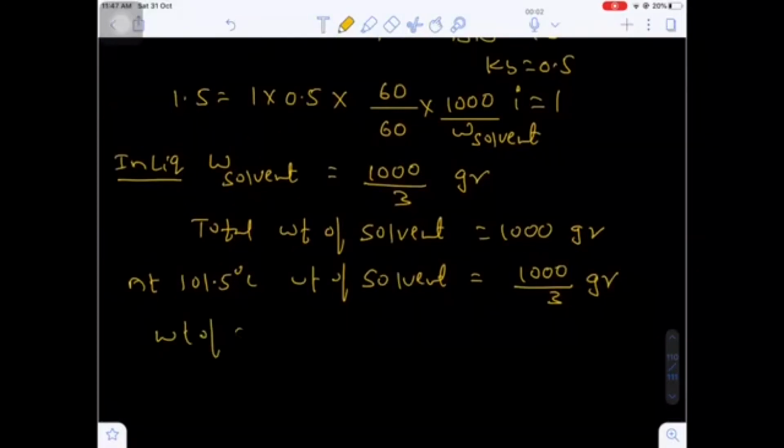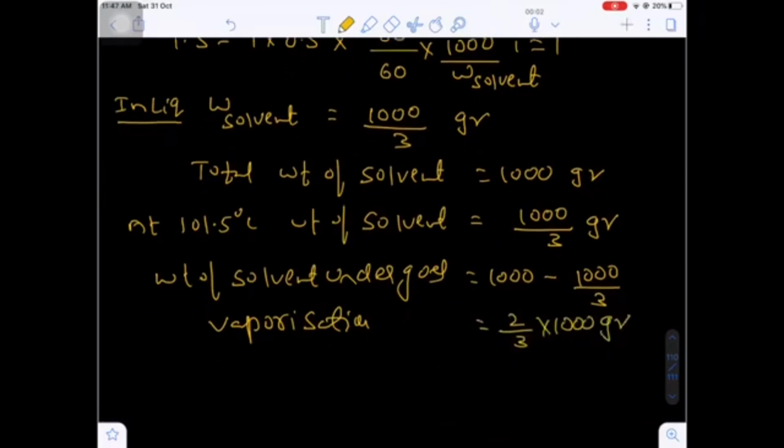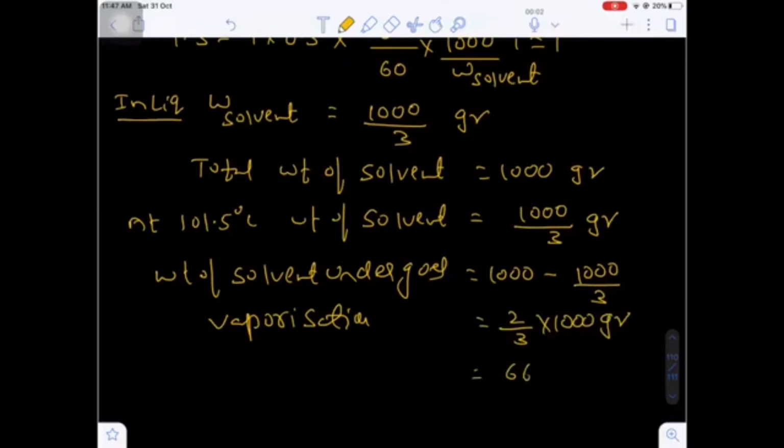So the weight of solvent that undergoes vaporization will be equal to the total amount of solvent minus the solvent present at 101.5 degrees Celsius. So that will be 2 by 3 times of the 1000 grams of solvent undergoing vaporization, nothing but 666.66 grams of solvent undergoes vaporization. Yes or no?